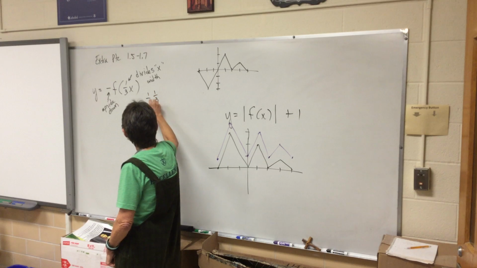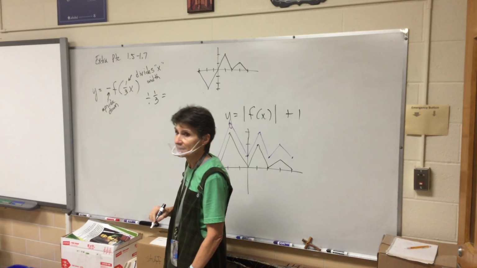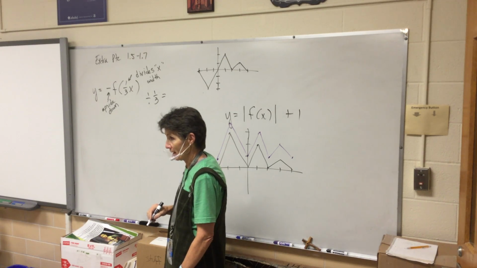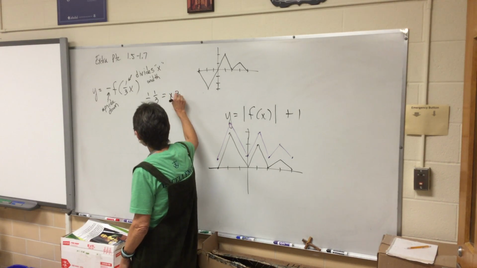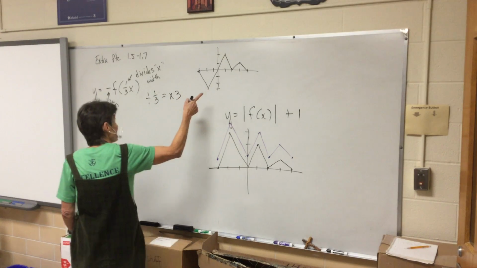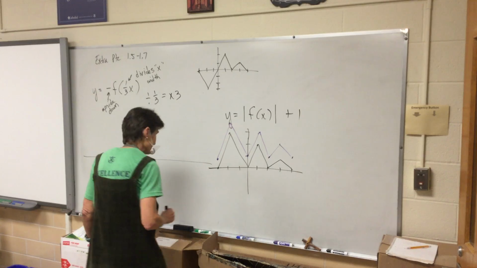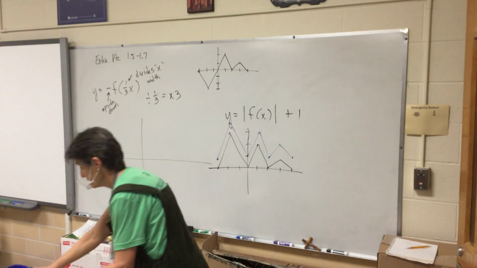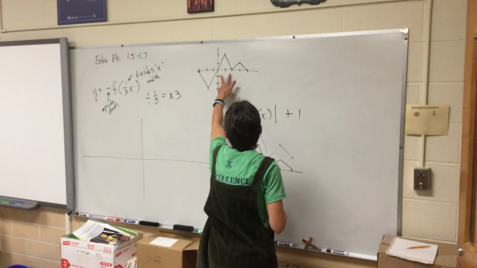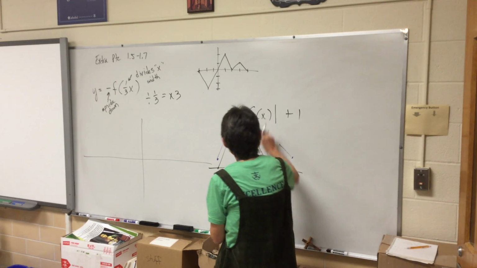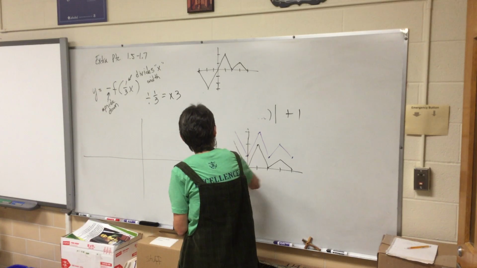Dividing by 1/3 in reality is multiplying by 3. So that picture is going to be 3 times as wide. That means each of these shapes is going to be 3 times as wide. And it's going to be upside down.